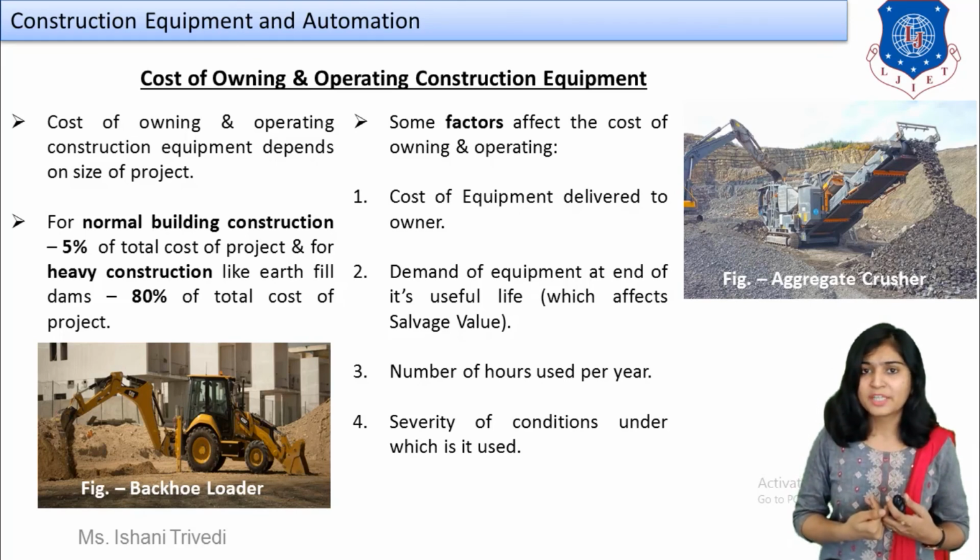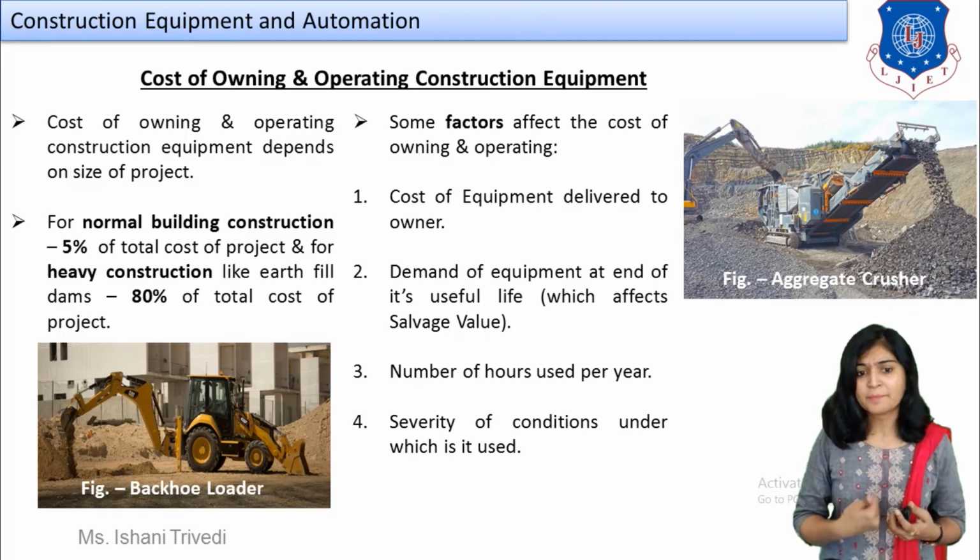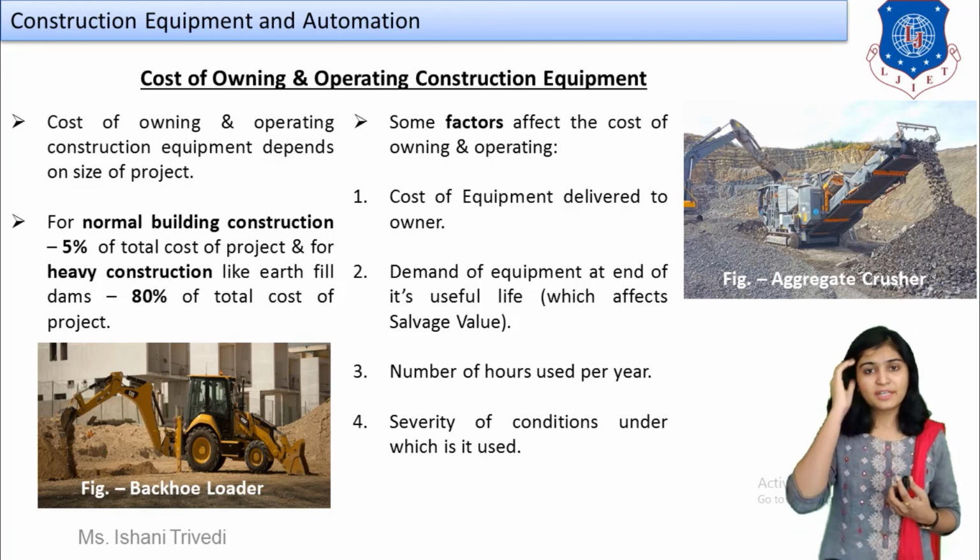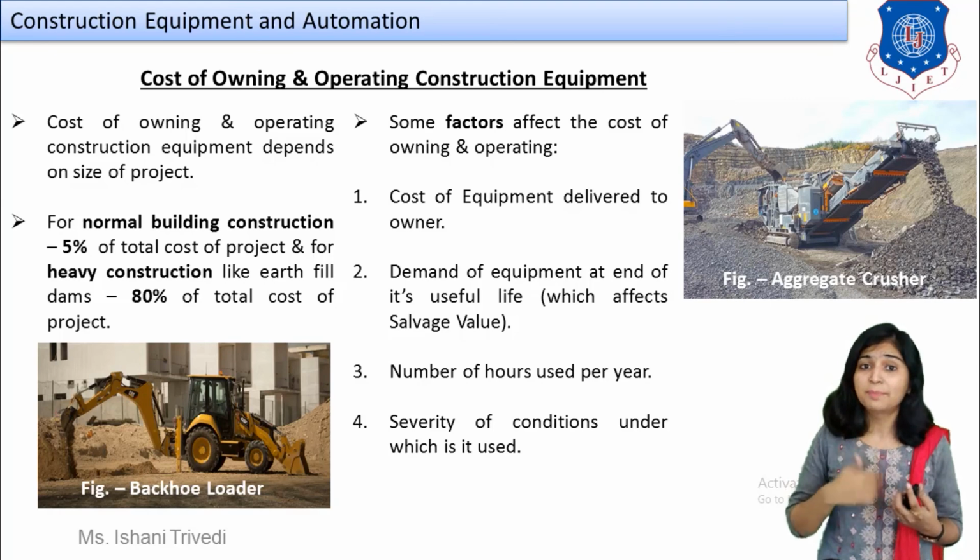Now talking about certain factors, it depends on the total cost of the equipment to be delivered. The demand of the equipment, right? If it is useful for a longer time, or if it is going to become obsolete in future. Obsolete means when the technology gets replaced fully.